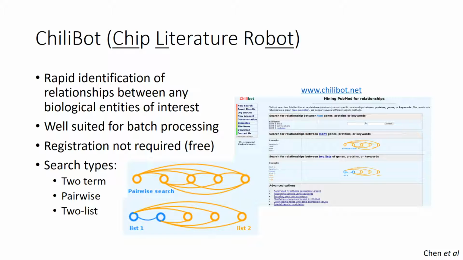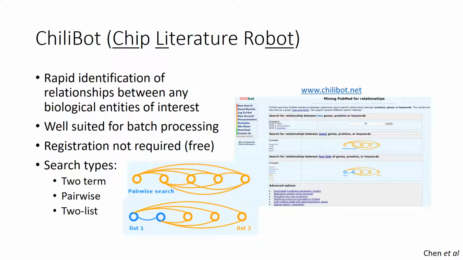There are 3 different types of search options: 2 terms, pairwise, and 2 list. The 2 terms process is simple. You just look for a relationship between 2 words, word 1 and word 2, and it finds the relationship.